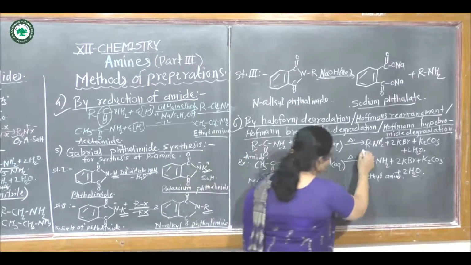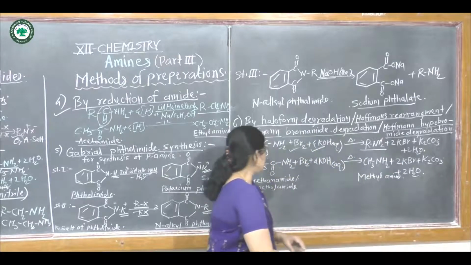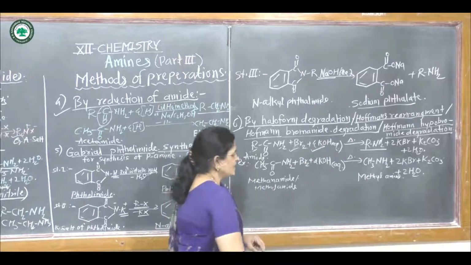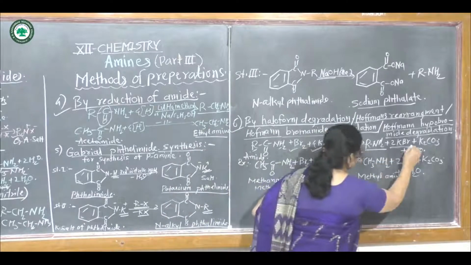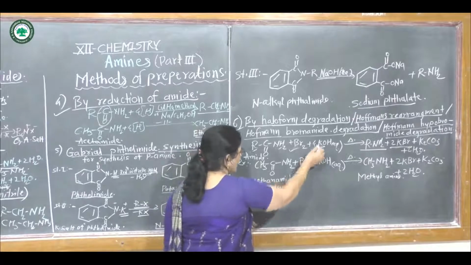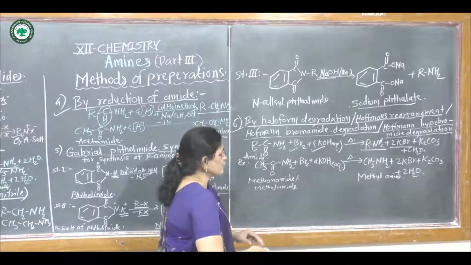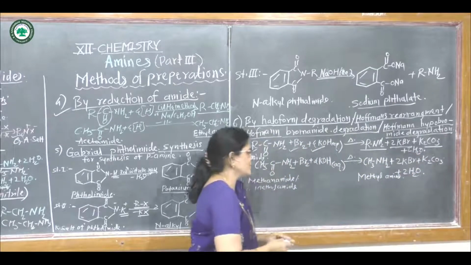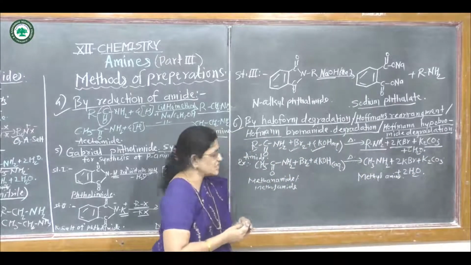It forms primary amine plus potassium bromide. This potassium and bromine form potassium bromide, and this K and the carbonyl group form potassium carbonate plus water molecules, that is twice H2O.